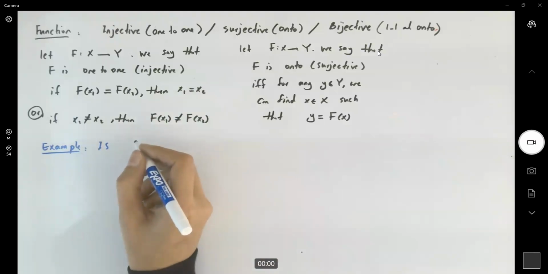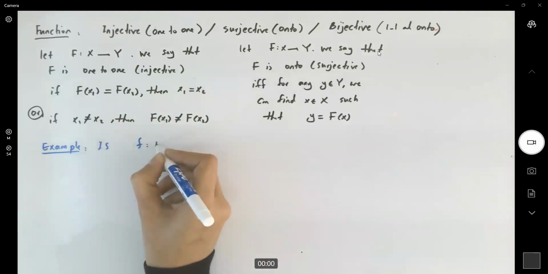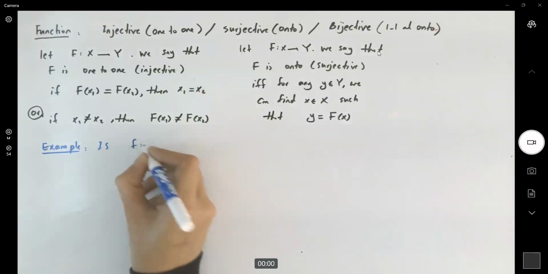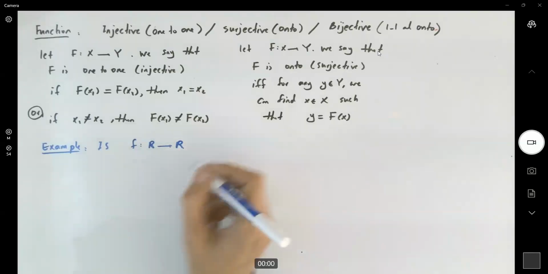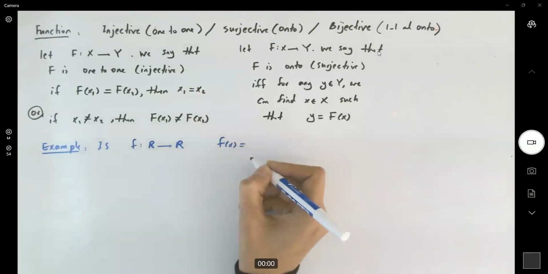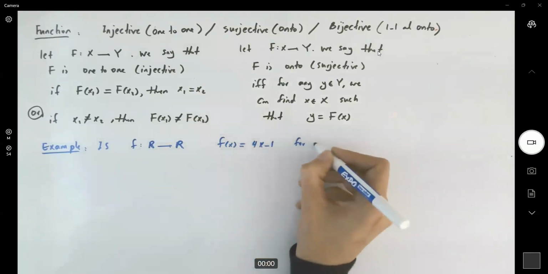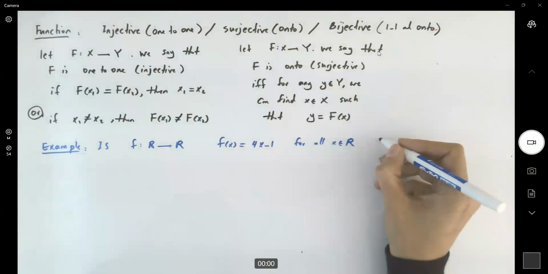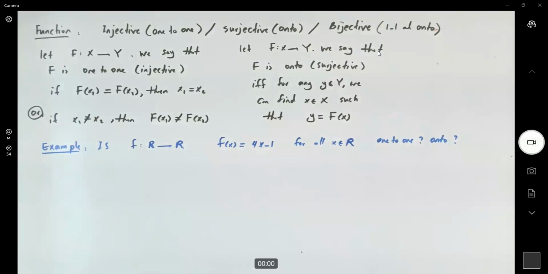Is the function, I'm going to define the function like this, f, which is defined as a linear function mapping R to R, f of x is equal to 4x minus 1, for all x in R. Injective, surjective, one-to-one, onto?